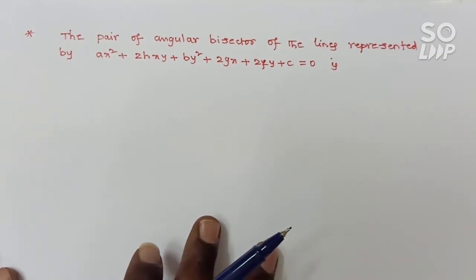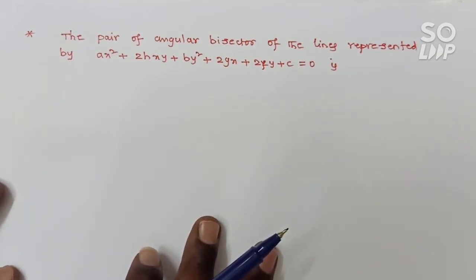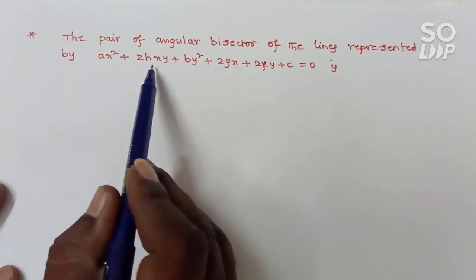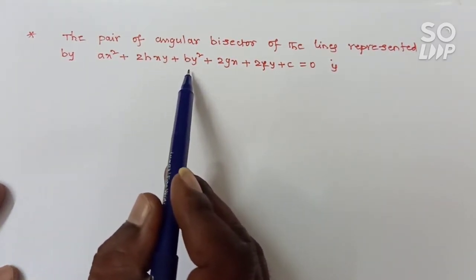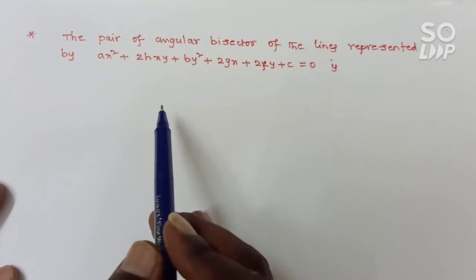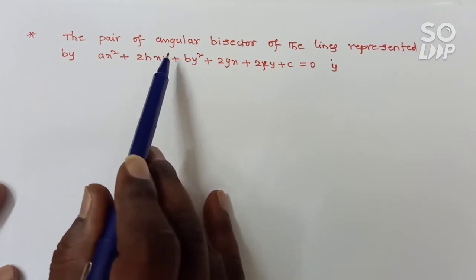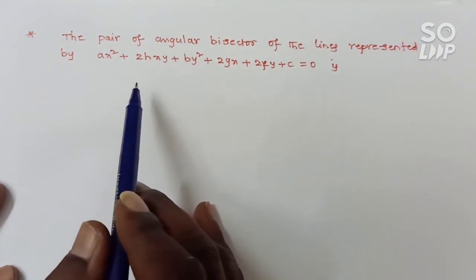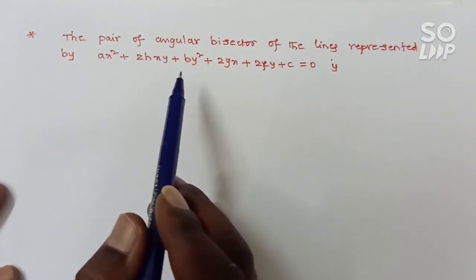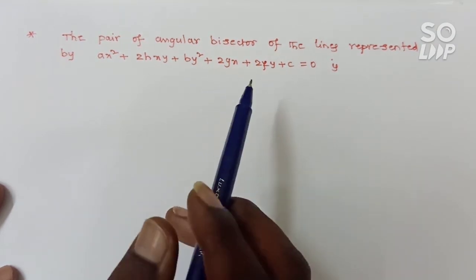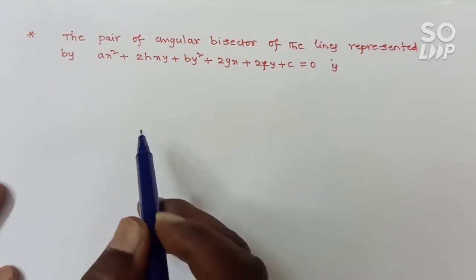Already we know that for the homogeneous equation, ax square plus 2hxy plus by square is equal to 0, the angular bisector is h into x square minus y square is equal to a minus b into xy. We know that formula.